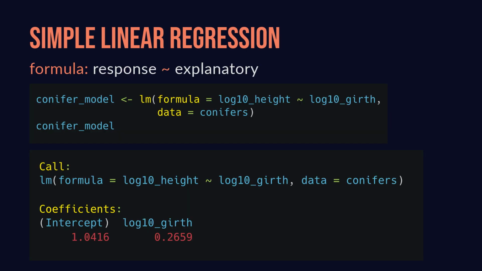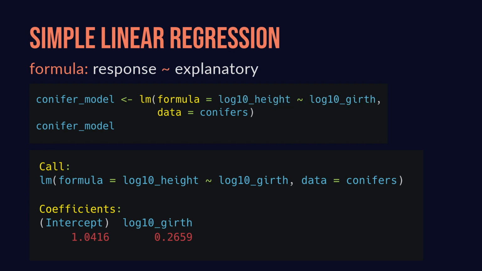To compute the regression line of our data, we need to use the lm function in base R. Call the function lm and within it specify the formula y tilde x, where y is the response variable and x is the explanatory variable. In our case, log10_height tilde log10_girth.